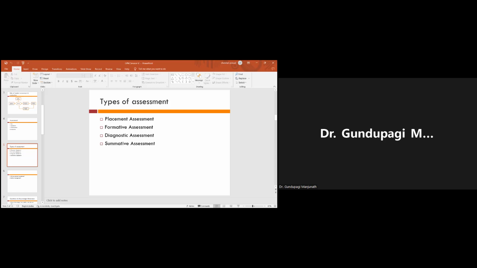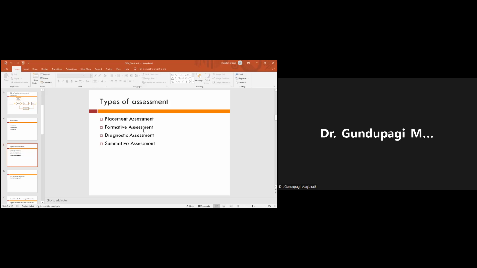Suppose I am joining an MBA, the prerequisite is that the student should have knowledge of accounts, commerce. Therefore, before measuring, before assessing, in the placement assessment, we determine the prerequisite skills.